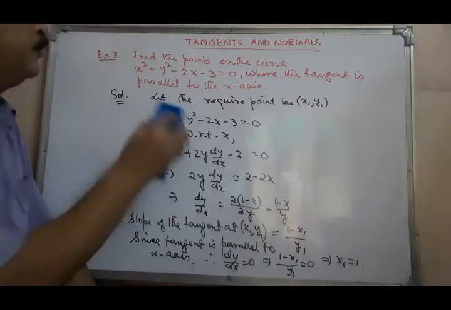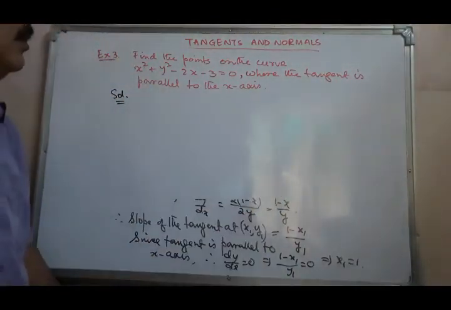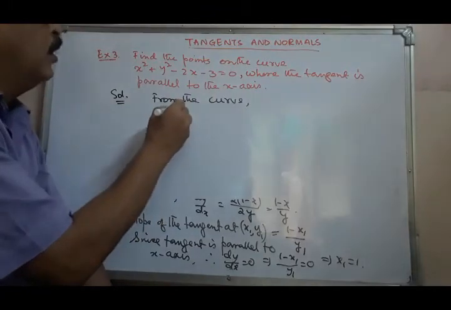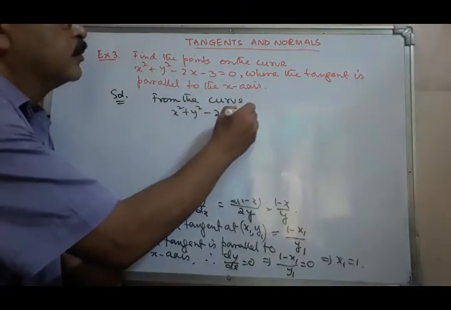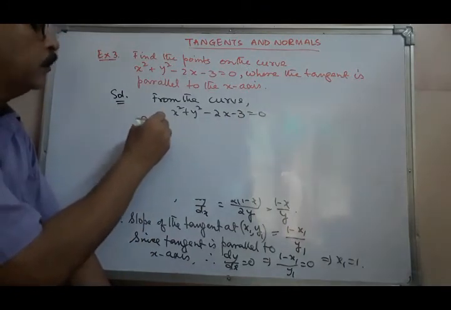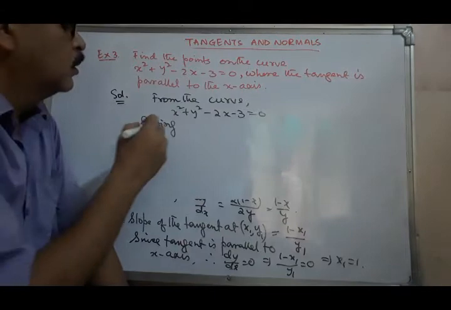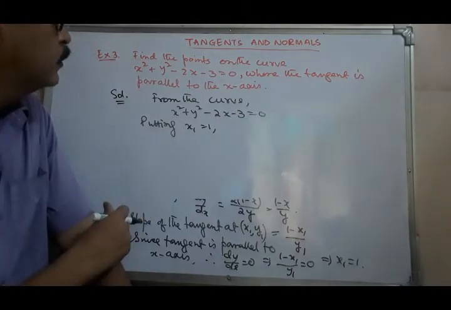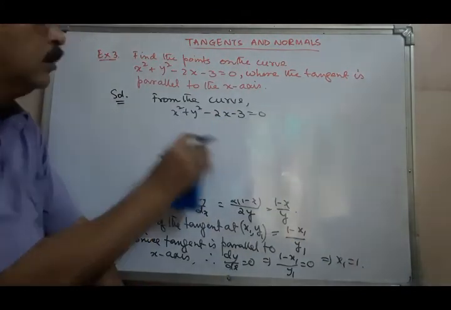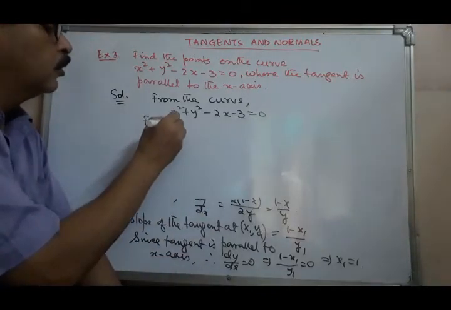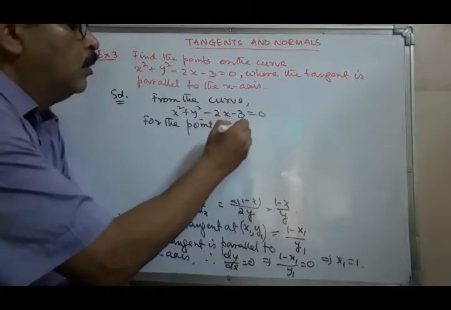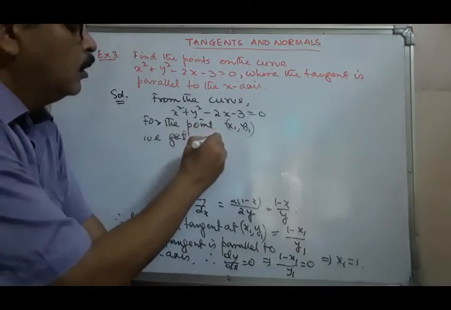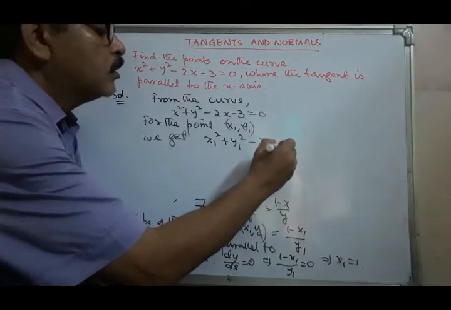So from the curve x square plus y square minus 2x, putting x1 equal to 1, for the point x1 y1 we get x1 square plus y1 square minus 2x1 minus 3 equal to 0.